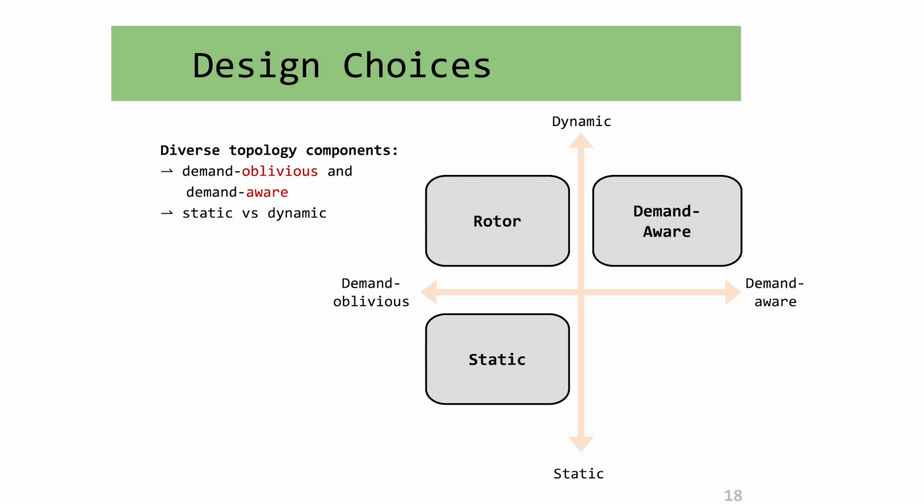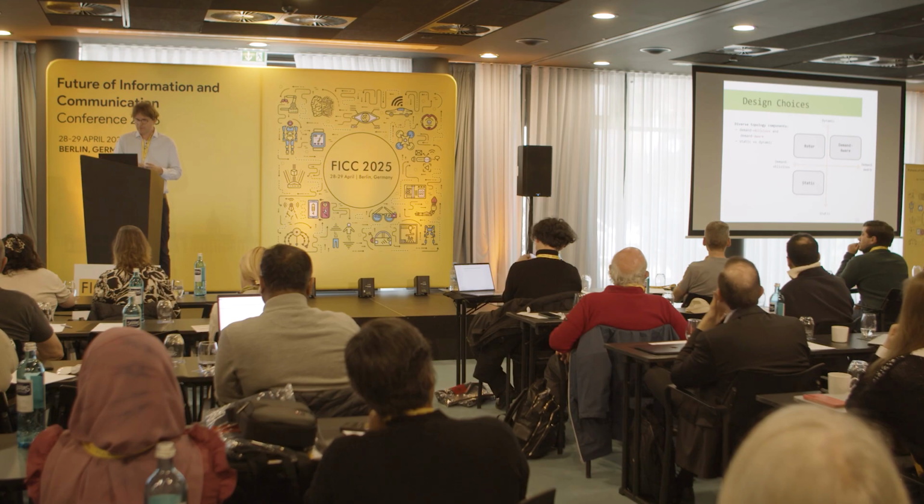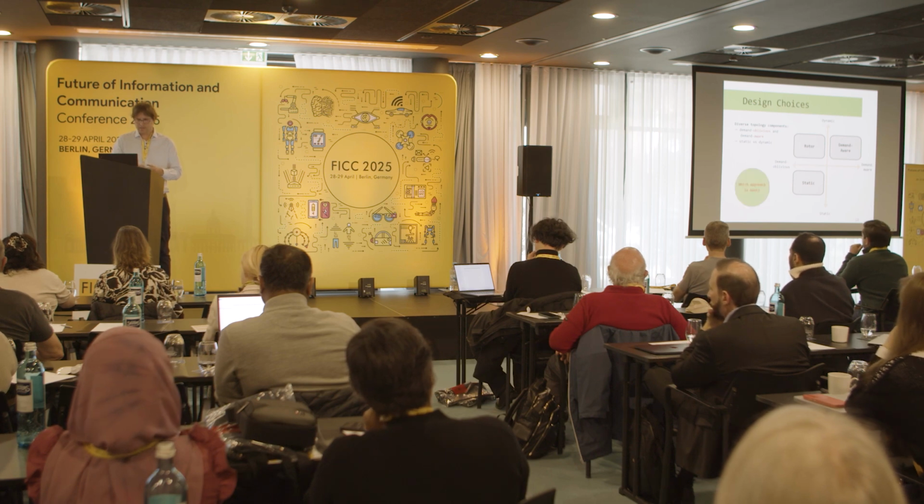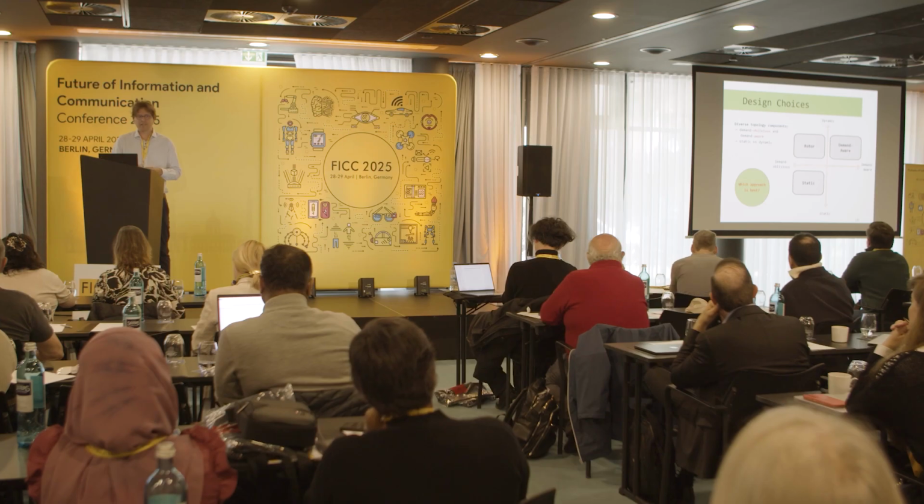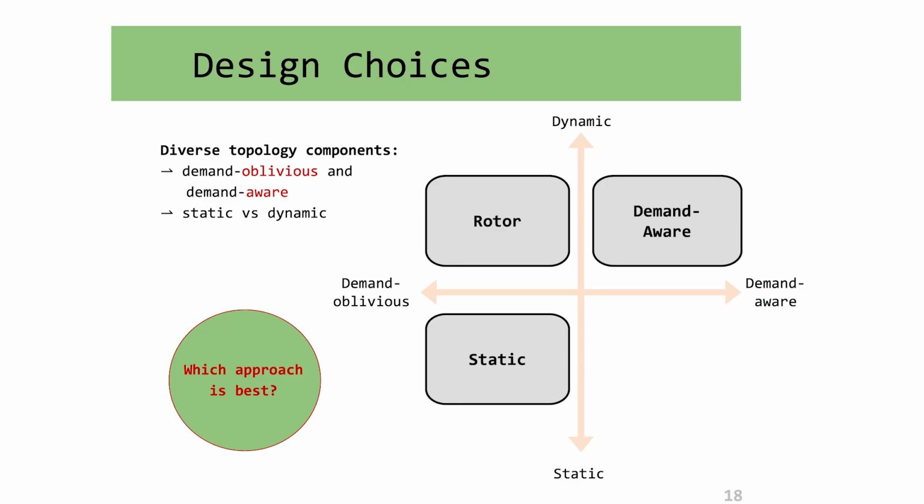So we have static networks, we have networks that change very fast in an oblivious manner, and then we have these demand-aware networks. And then you can ask, what technology is now the best one for us here? And as always, in computer science, the answer is it depends. Okay, it depends on the traffic.